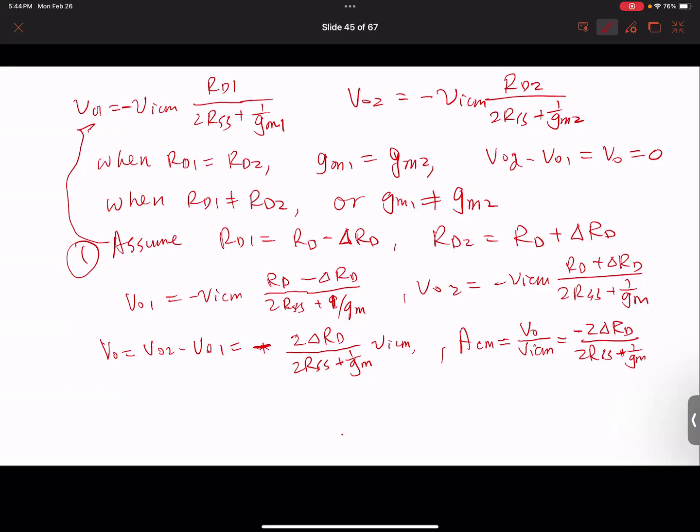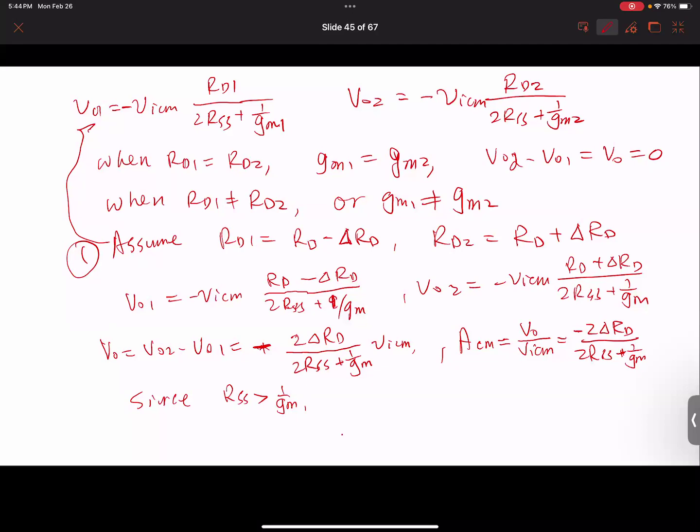From here, typically RSS is much larger than 1 over GM. You might ask how much larger. Remember, RSS is the output resistance of the current source, which is typically in the kilo ohms, like 10, 20, 50 kilo ohms. But GM is usually in the single digits of milliamps per volt, like 5 milliamps per volt.